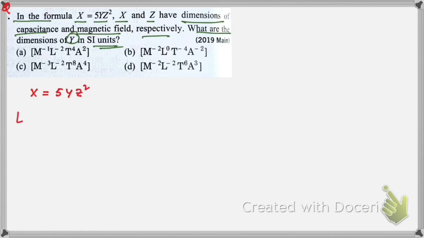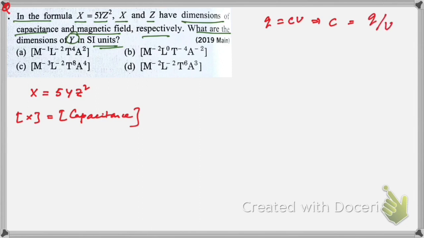Here x has the dimension of capacitance, and we know that Q is equal to C into V. Here V is the potential difference and C is the capacitance. Capacitance, you're going to get it in class 12. Capacitance C is equal to Q by V, right?